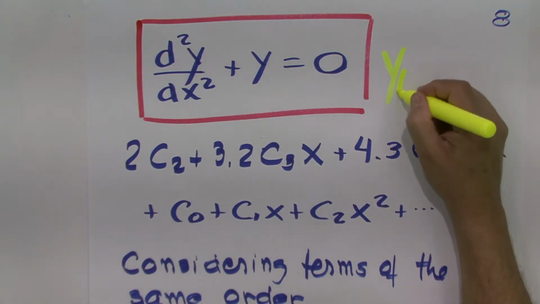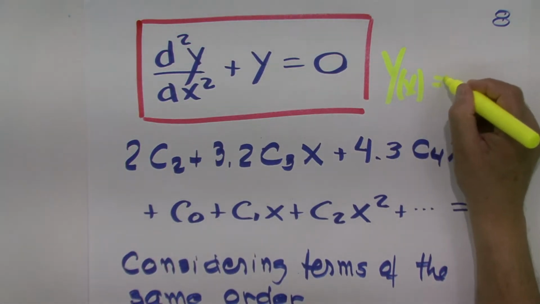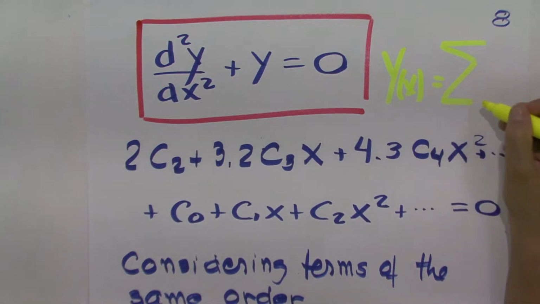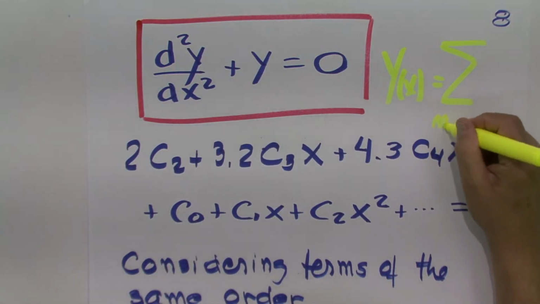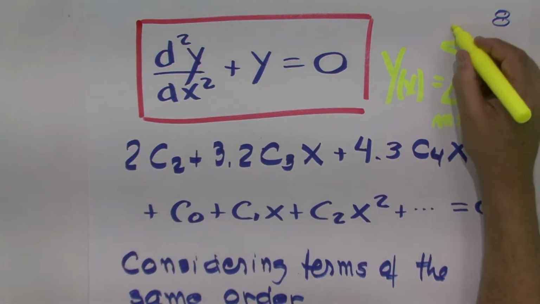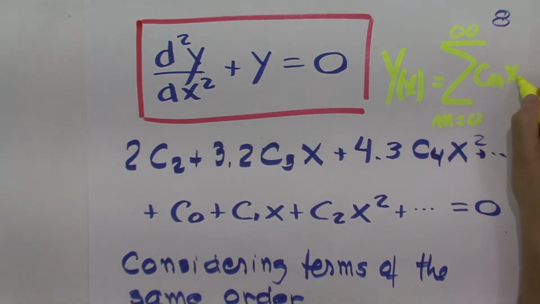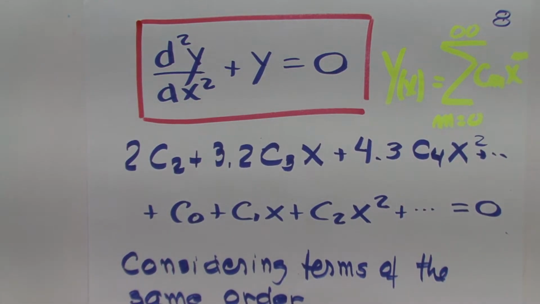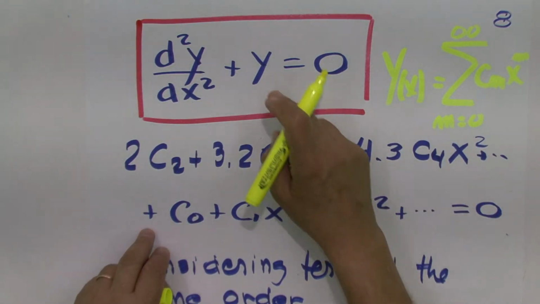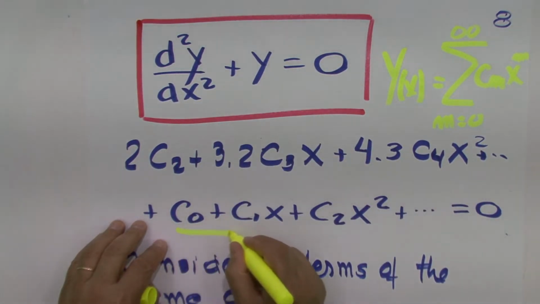So I'm saying that y of x is a sum from m equals 0 to infinity of Cm x to the m. That's the series I propose as the solution. Then, therefore, I have, so this is the function.